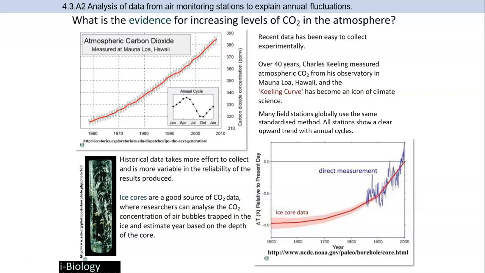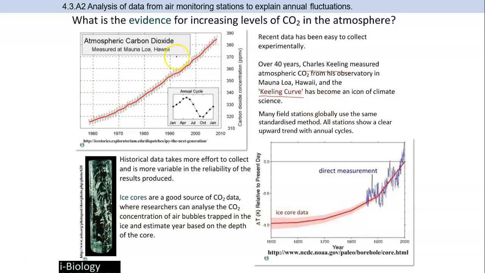But what is the evidence for increasing levels of carbon dioxide in the atmosphere? Well, we refer to some of the investigations and research done before. Over 40 years ago, Charles Keeling measured atmospheric CO2 from his observatory in Mauna Loa in Hawaii, which is called the Keeling curve, and has become an icon of climate science.